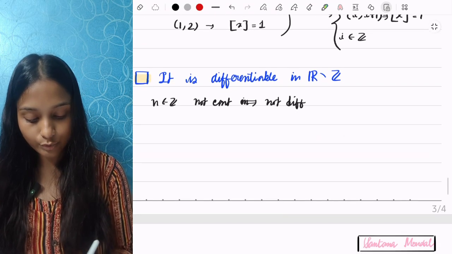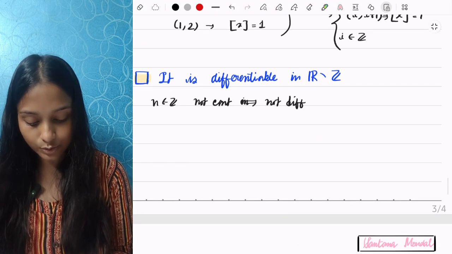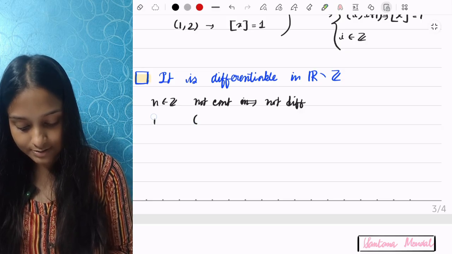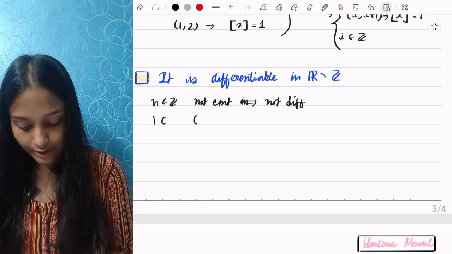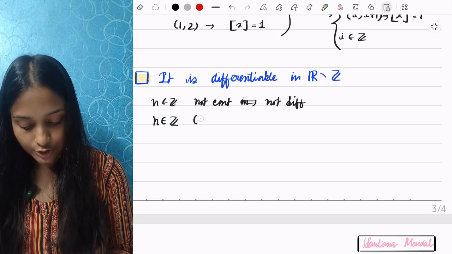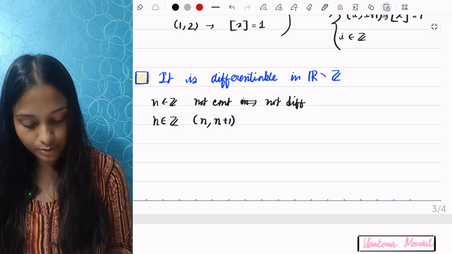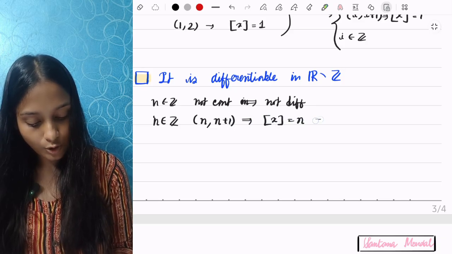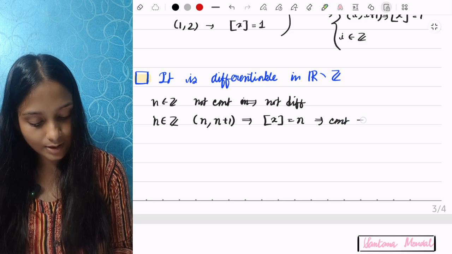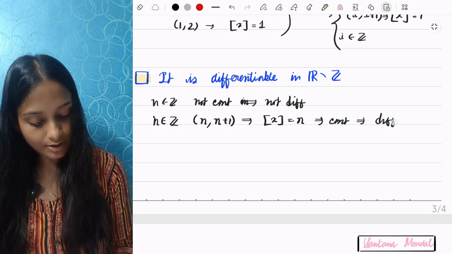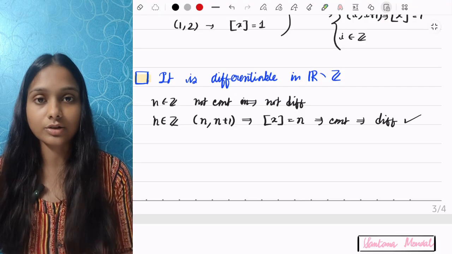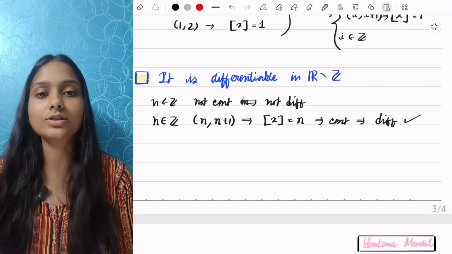And for any integer, let me denote it by n, between n and n plus 1, we will have floor x equals n, constant, and constant means differentiable, and moreover the derivative must be 0 in those intervals. As it is constant, the derivative must always be 0.